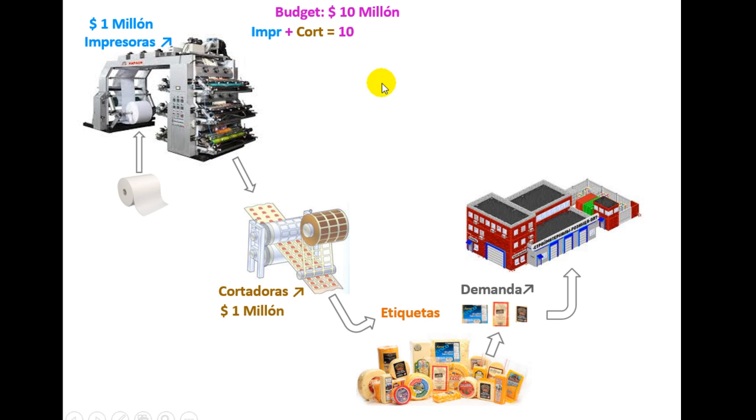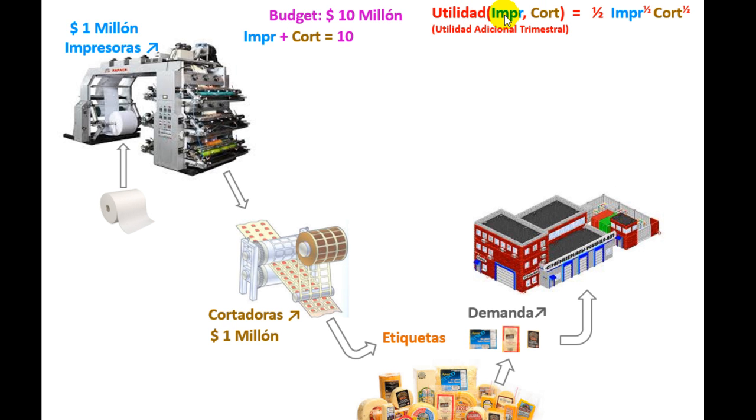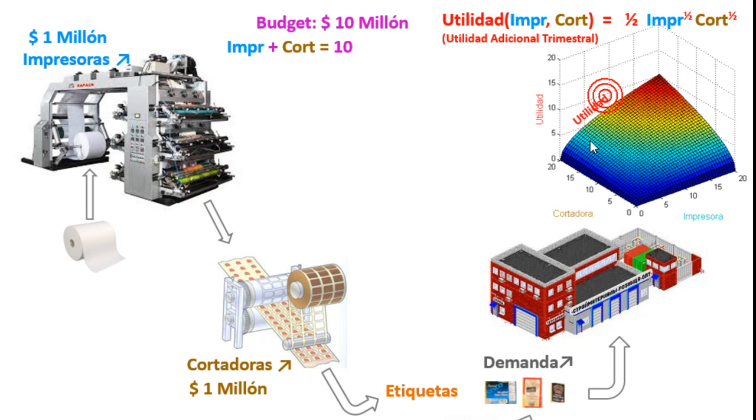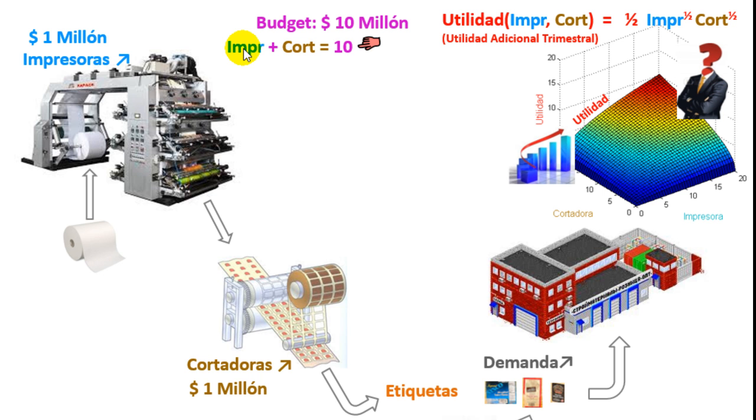Let's assume that the utility that you get if you buy this quantity of printers and this quantity of cutters is this. In the next video we're going to show why the graph for this utility function is this. So the problem that we want to solve here is to maximize the utility but subject to this budget constraint.